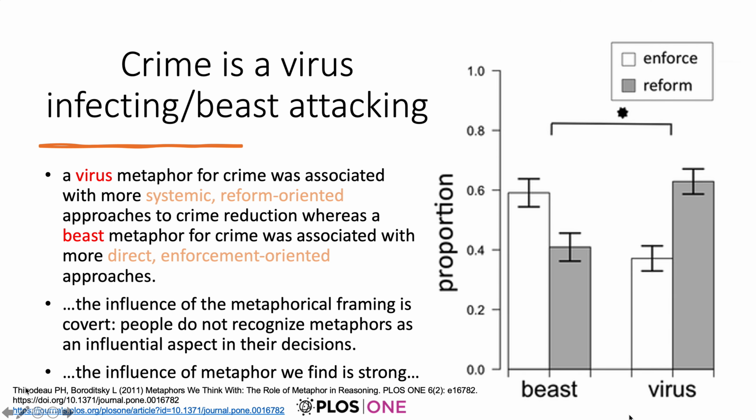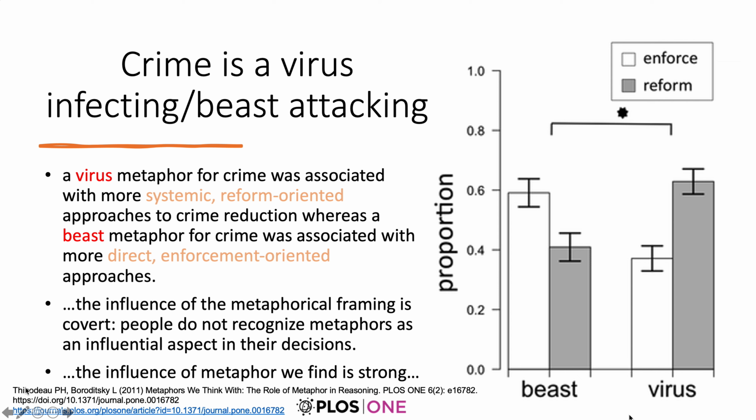For instance, two groups of people read news articles about the same problem of crime in their city. Only one of the articles described crime as a virus infecting the city, a metaphor, and the second article talked about crime as a beast attacking the city.